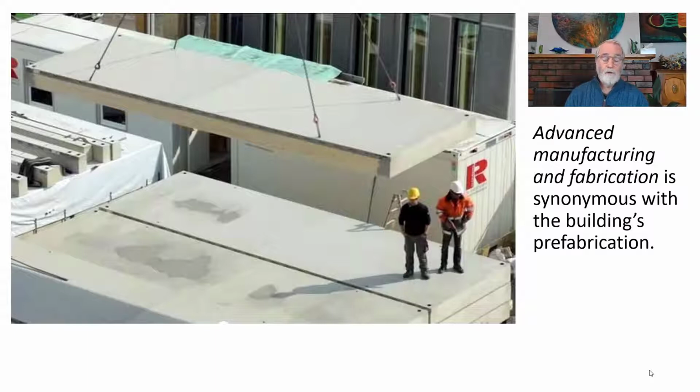So if we're talking about advanced, we're obviously talking about a level above and beyond what we would normally expect to see in standard cottage construction, which is something like a frame and truss operation. We're moving beyond that into a more sophisticated way of approaching manufacture and fabrication, and that's usually in prefabricated components that are designed to be relatively high performance compared to our standard frame and truss arrangements.